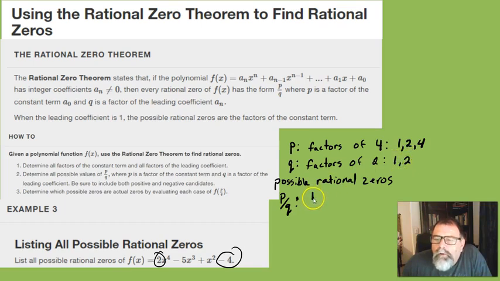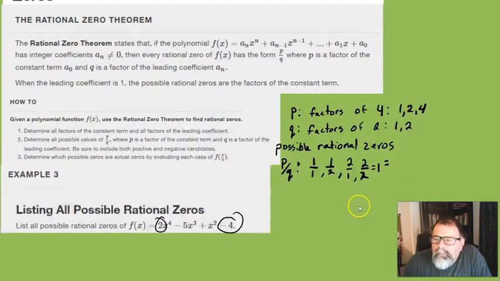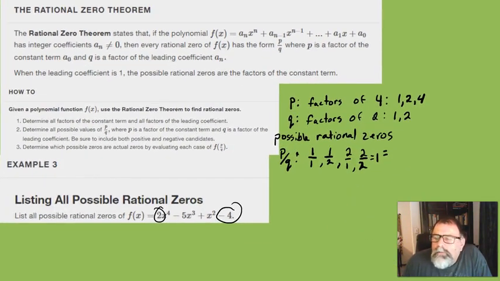So 1 over 1, which is just 1. 1 over 2, 1/2. Okay, that one's done. Now I'm going to go to 2. 2 over 1, 2 over 2, which reduces to 1. And then now we're going to do 4. So 4.